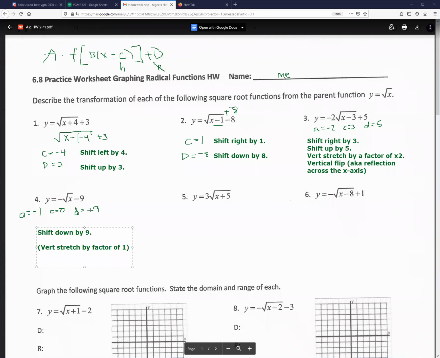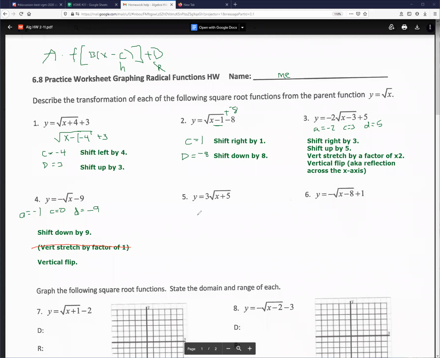But the more important thing about that A not being trivial is that we have a vertical flip because it's negative. So again, don't worry about this right here. This is completely irrelevant, but the shift down by 9 and the vertical flip are what we're going to deal with.